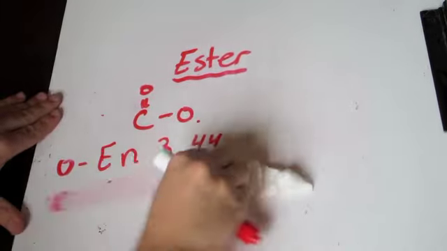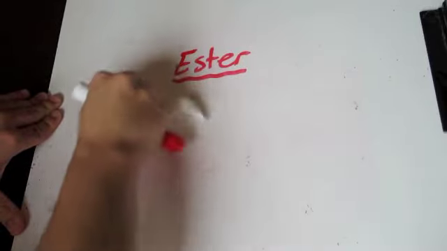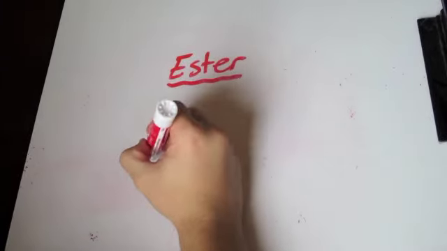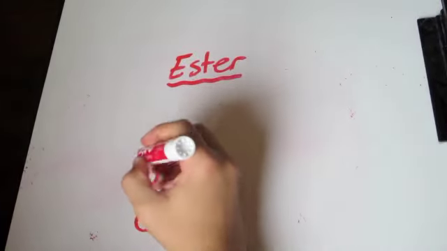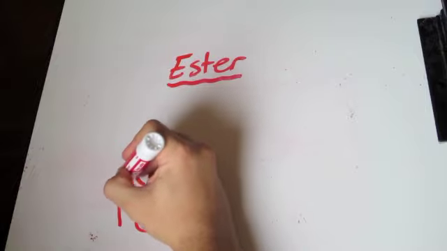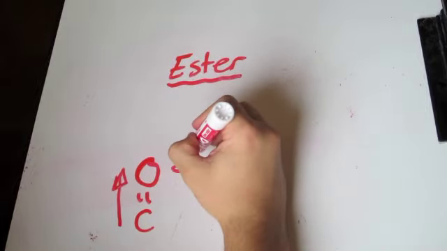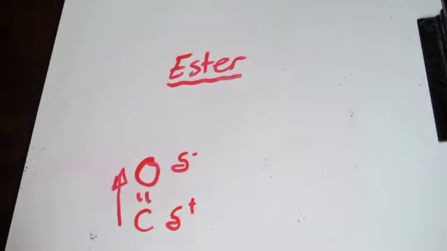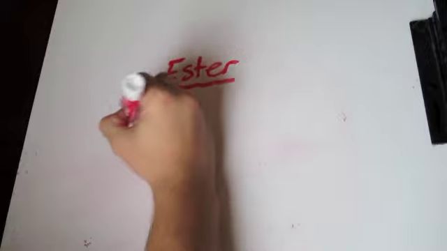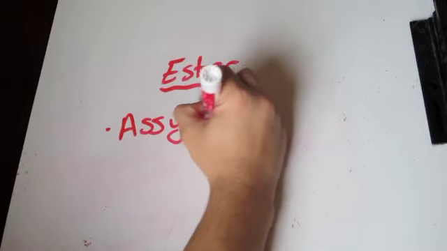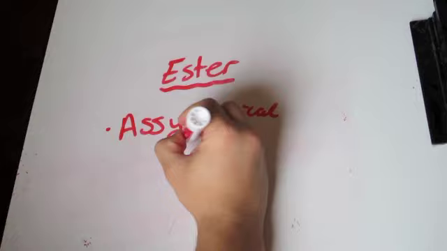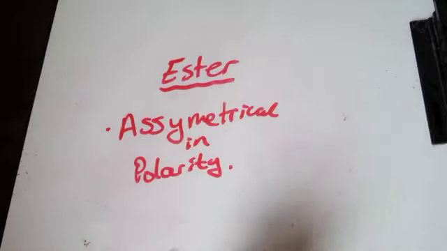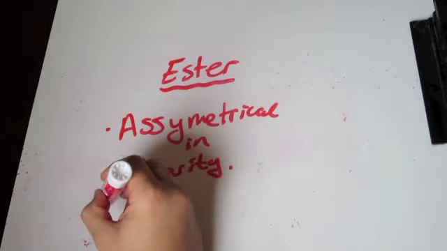What this confers is that there is a slight dipole-dipole bond between the C and the O, with a slightly negative charge on the O and a slightly positive charge on the C. What this also means is that it is polar.